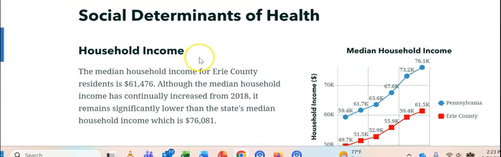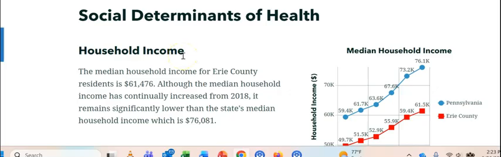You're then going to look at the social determinants of health. We're going to talk a little bit more about the social determinants of health, but what impacts health socially? We know that, yes, there are diseases, but what else impacts our health significantly?